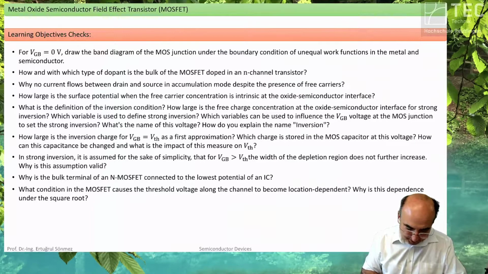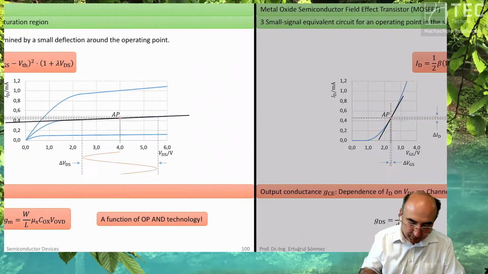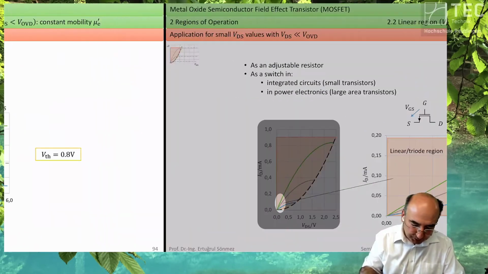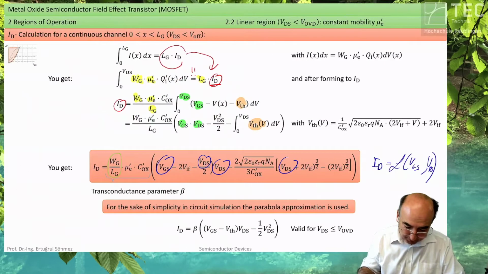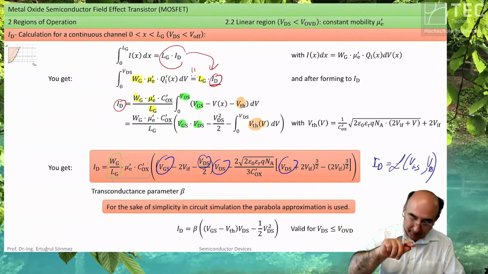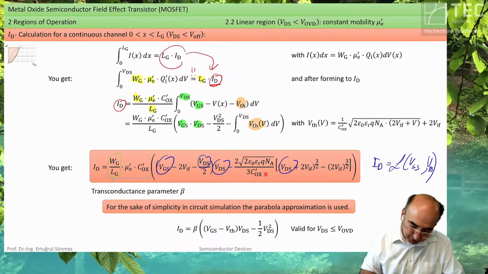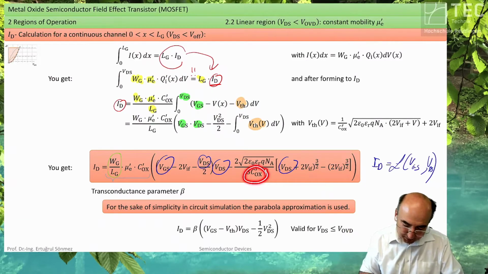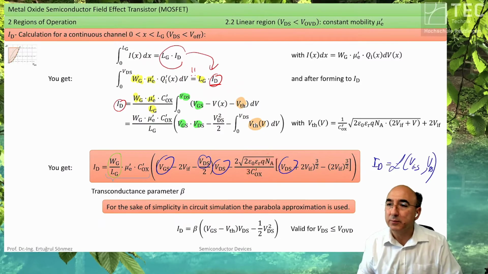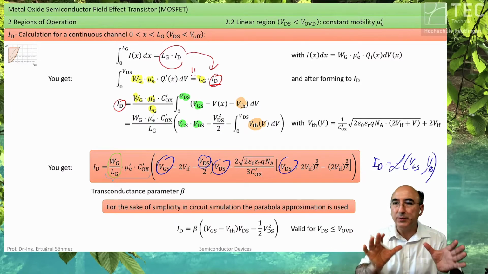We have some dependencies of the oxide thickness. Do you find it? Here. Concentration. No, doesn't matter. I have some questions where you have to use the Excel sheet I have provided to understand the dependencies of the oxide capacitance, the doping level, and so on. Okay, so play around with the spreadsheet.